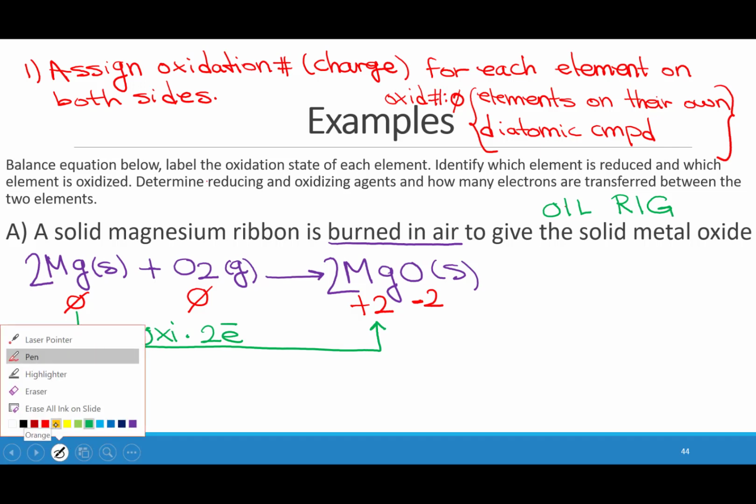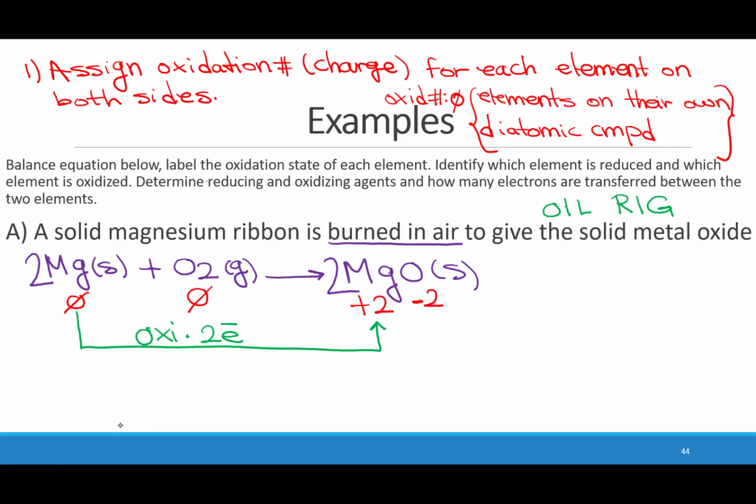What happened to oxygen? Oxygen went from charge 0 to -2. Remember, electrons contribute to negative charge. That means it's becoming more negative.